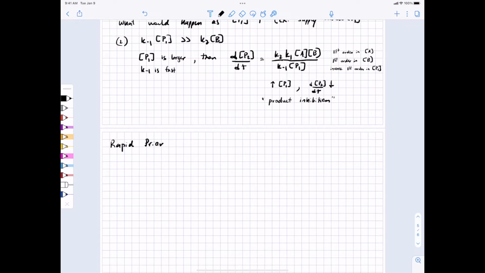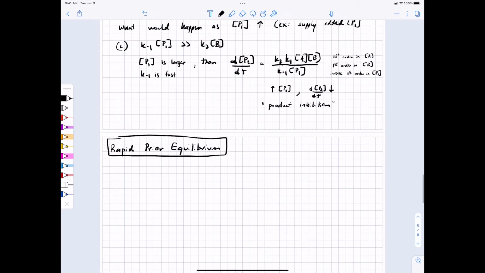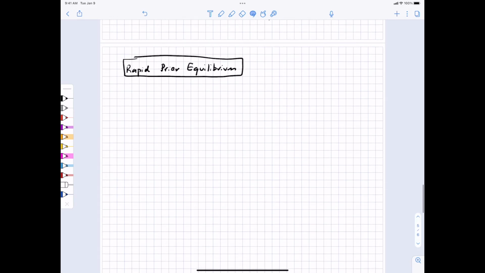What we mean by prior is before the irreversible step and faster than subsequent steps. So the rapid prior equilibrium situation involves the steady state approximation, but it also allows you to make some simplifying assumptions.